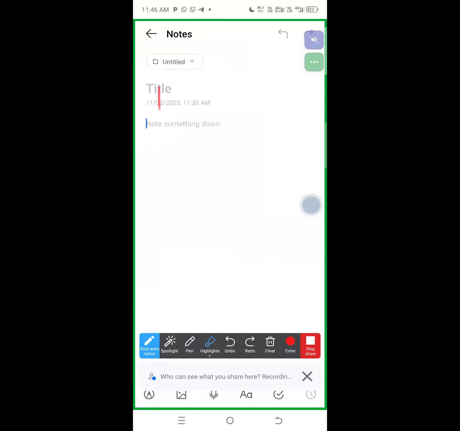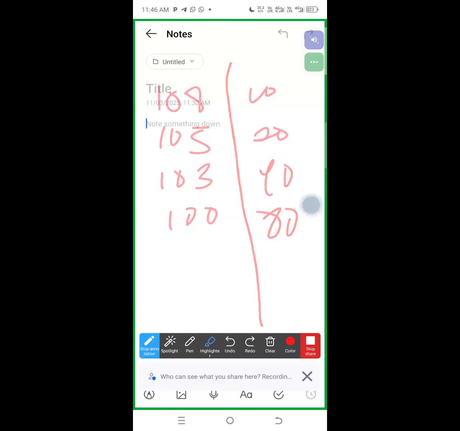So the first one, 108, the second one, 105, the third one, 103, the fourth one is 100. Okay, good. So over here, 10. The next one is 20. The next one is 40. The next one is going to be what? 80. So I keep doubling my effect.